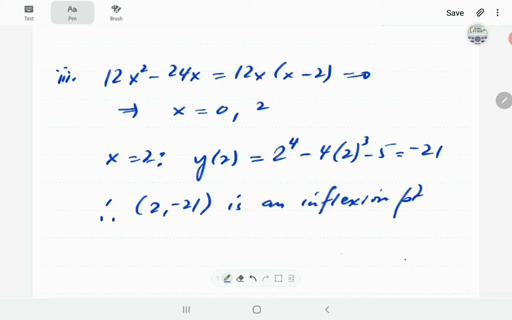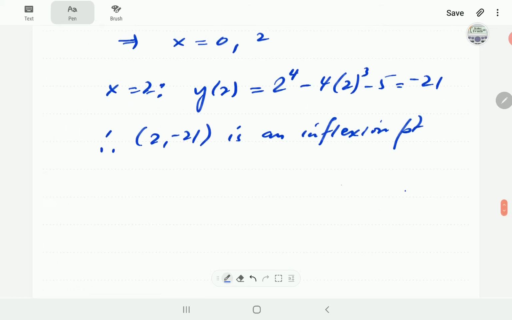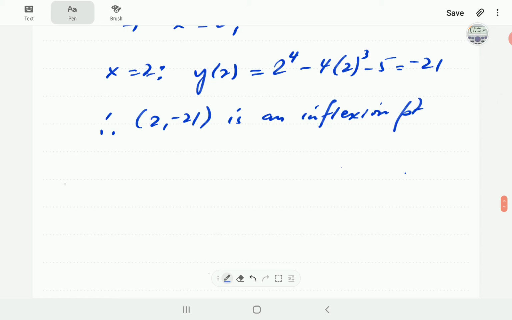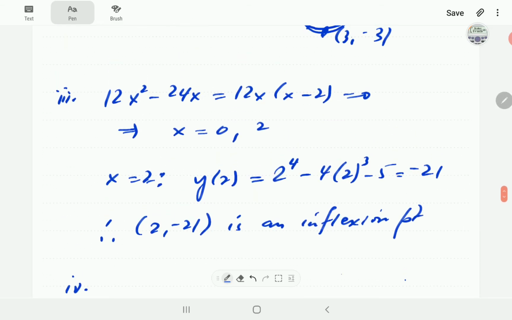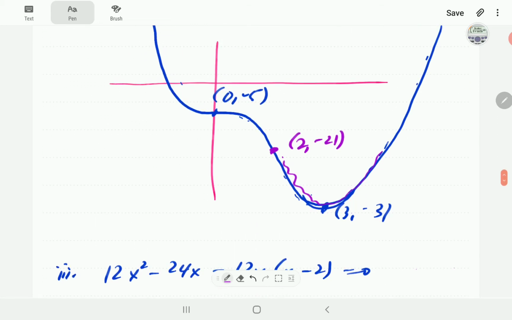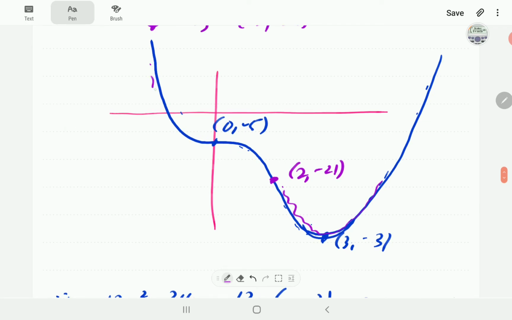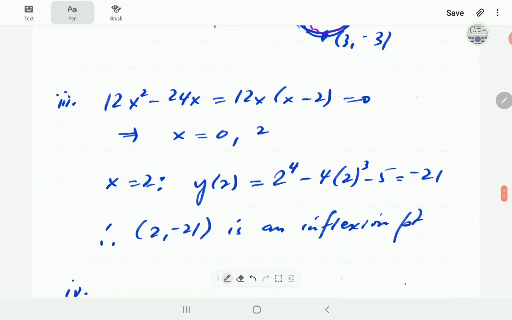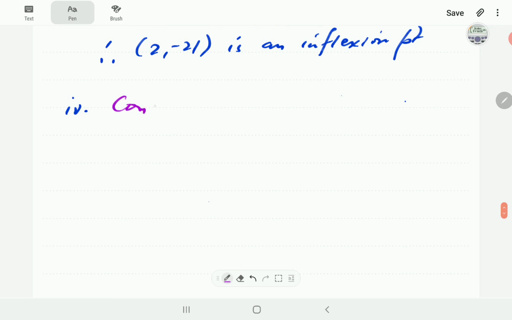And then the issue of concavity can now be discussed. Somewhere around here we have the inflection point (2, -21). On the right hand side of this point, the graph is concave up, and on the left hand side of 0, the graph is concave up as well.